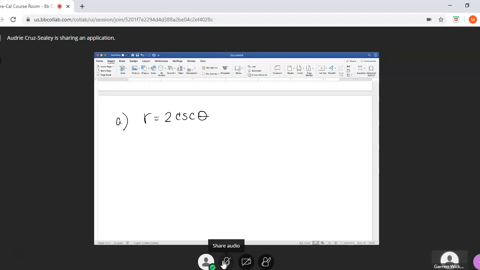Could make cosecant sine. Sure, how? 2 over sine. You said something about r being x squared plus y squared, right?